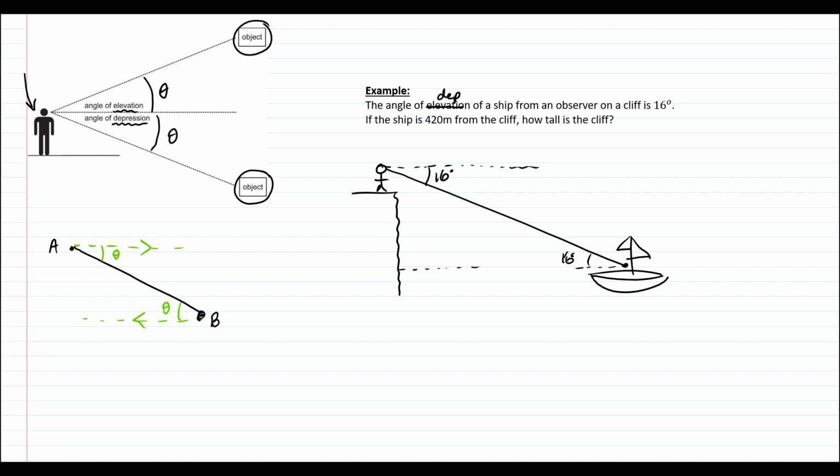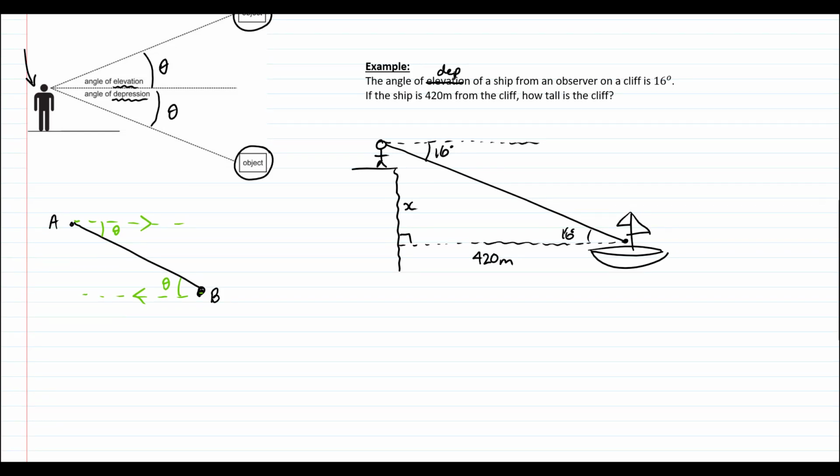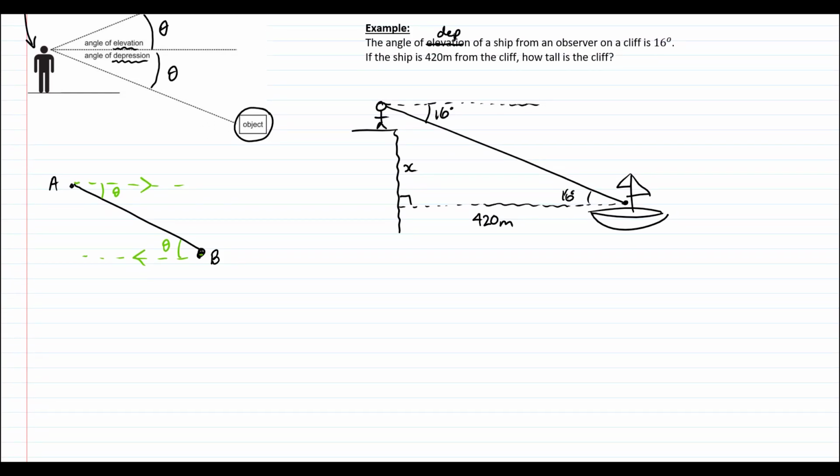Now if we just cut this dotted line across here, we're told this is 420 meters, and we're asked to calculate the height of the cliff. So we'll call that x. Now I could redraw my diagram here just by putting in a triangle with the important information, including a right angle. But I don't think I even need to do this because this question is reasonably trivial. So now I've got a triangle here where 16 is my angle, because I can move that in using angles in parallel lines.